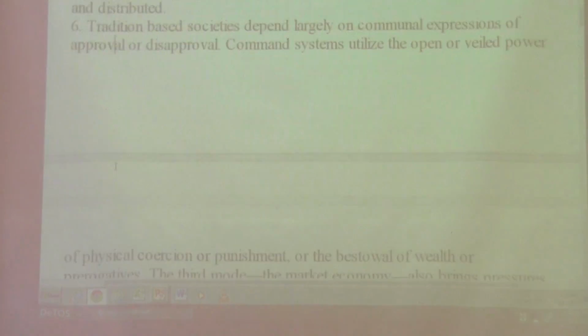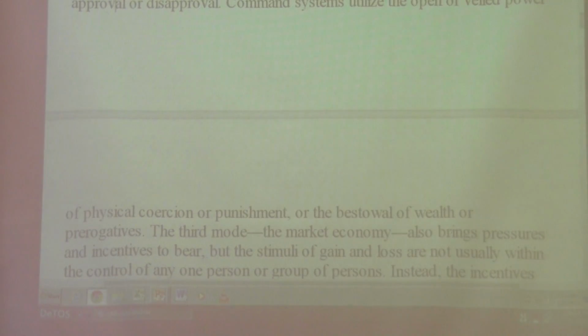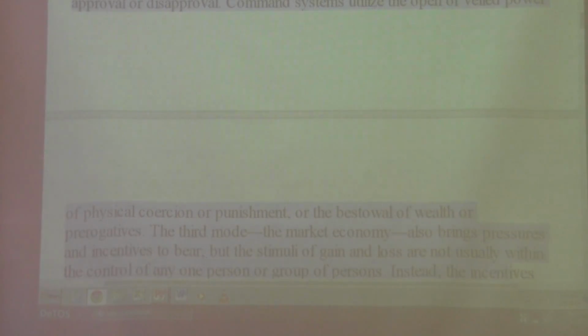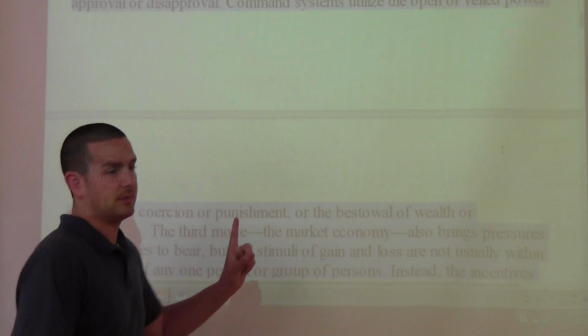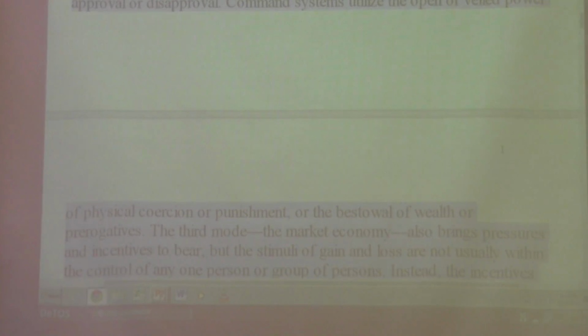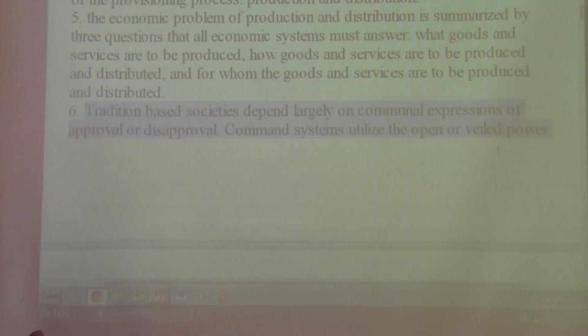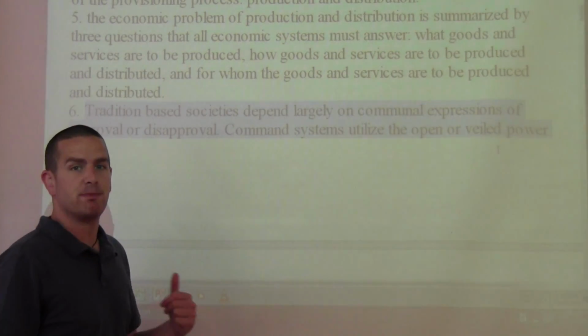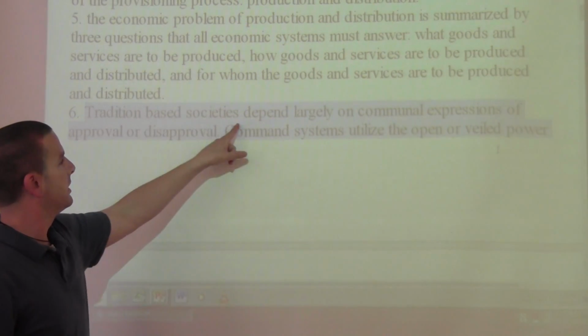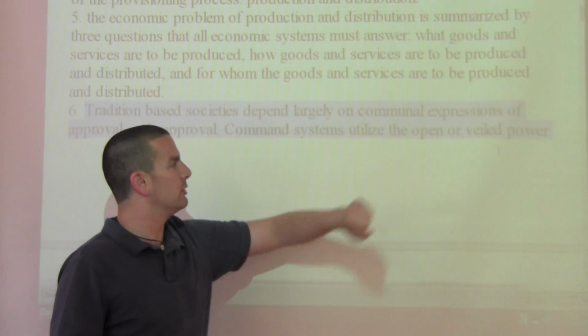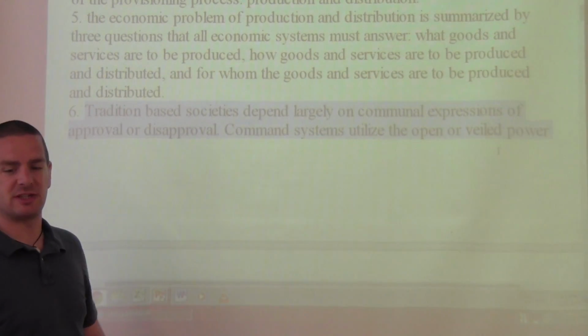The first type of economic system, let me lower that for you. A traditional society, a tradition-based society, depends largely on communal expressions of approval or disapproval.